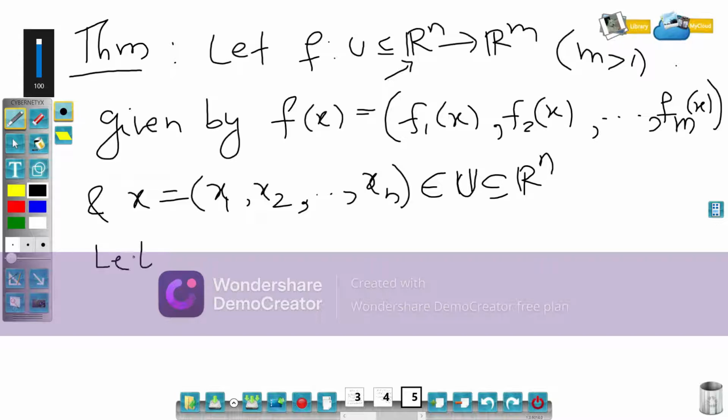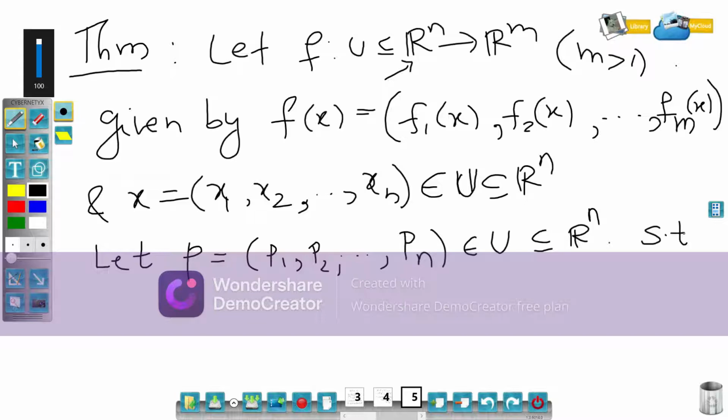Let p equal to (p1, p2, ..., pn) belong to U subset of Rn.